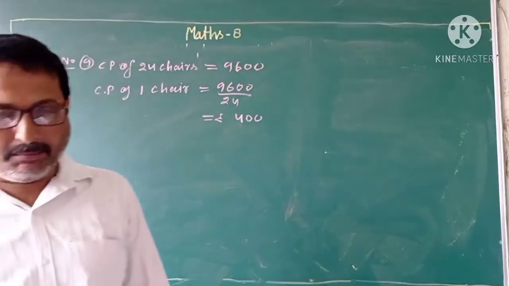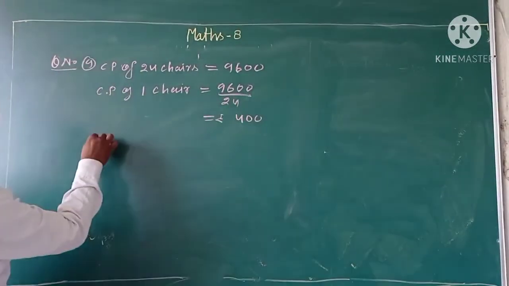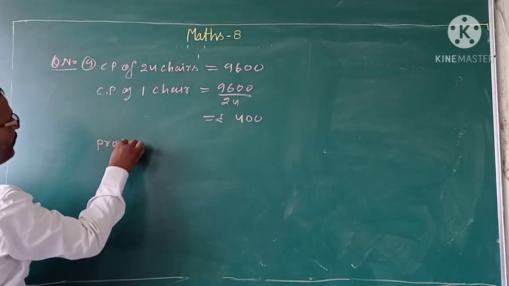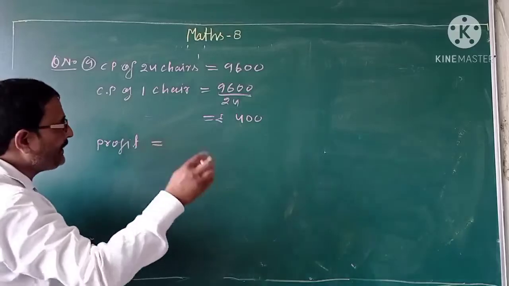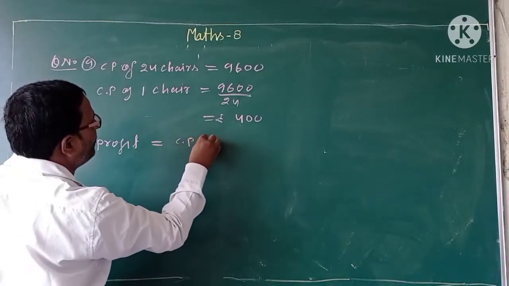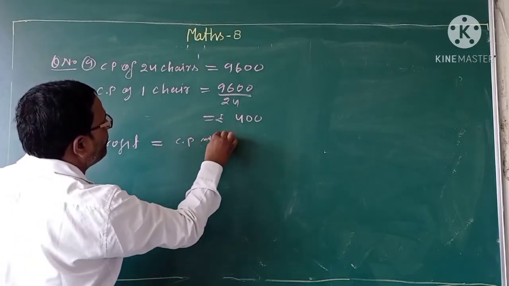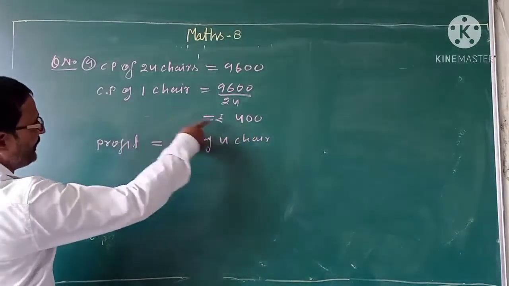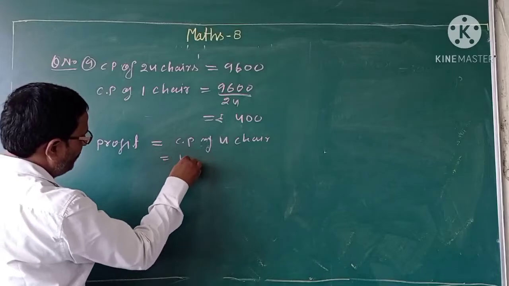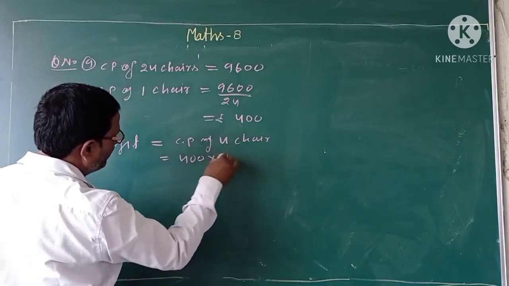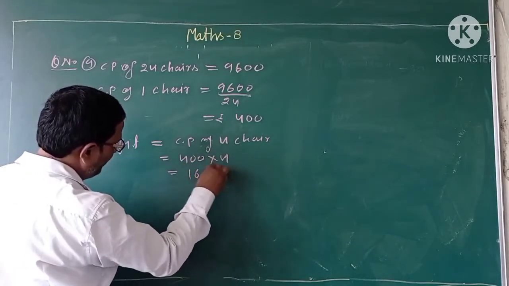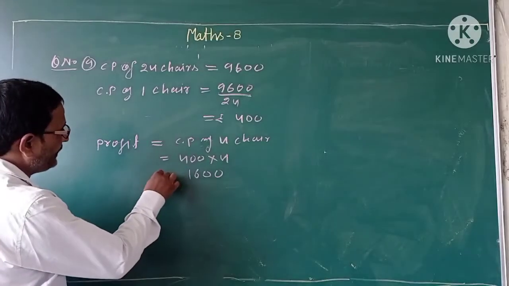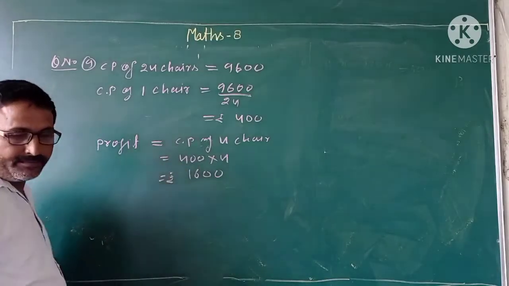Now in the question, given profit is equal to CP of 4 chairs. CP of one chair is 400, into 4, 1,600 rupees. This is the profit.